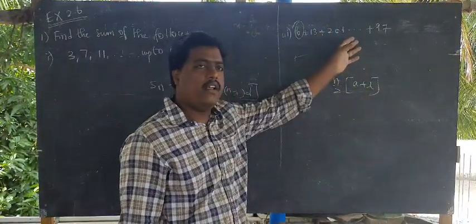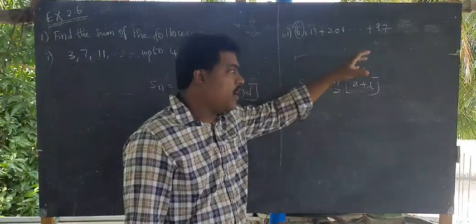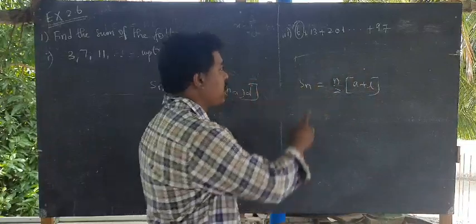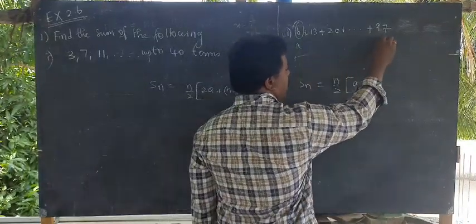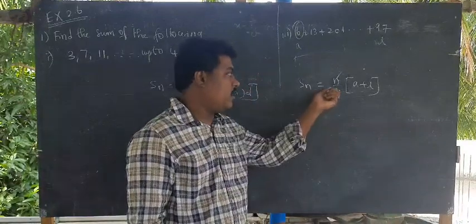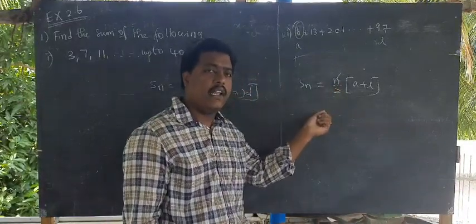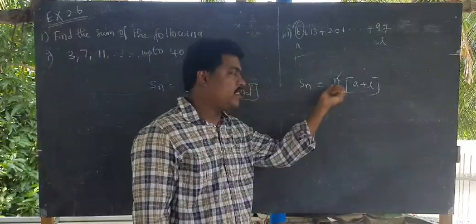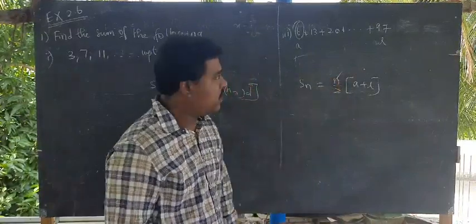Here we don't know n, so first we have to find n, and then substitute, because here we have a and l. For that, n equals l minus a by d plus 1 gives n, and then you substitute and we get the answer. Clear?